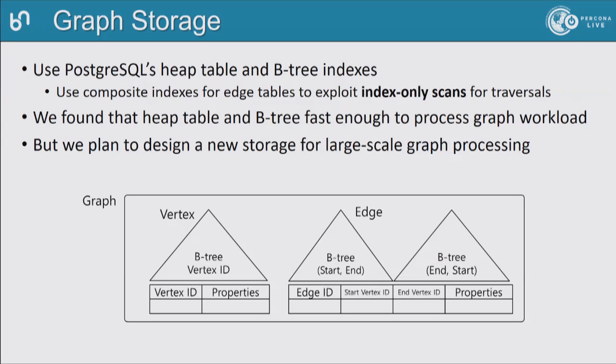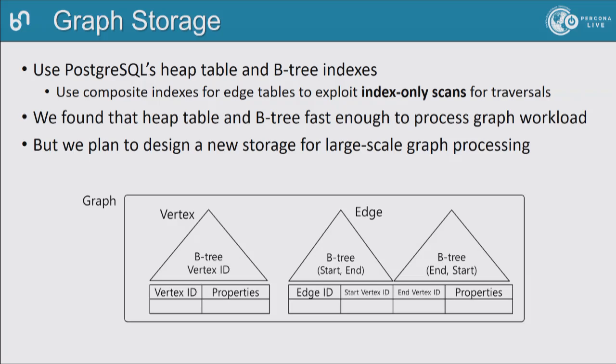This is the graph storage layout of AgensGraph. We use heap tables to store graph data and use B-tree indexes to index edge and vertex ID information. The heap table for the vertex has two columns, vertex ID and properties. And edge tables have four columns: edge ID, start and end vertex ID, and properties.